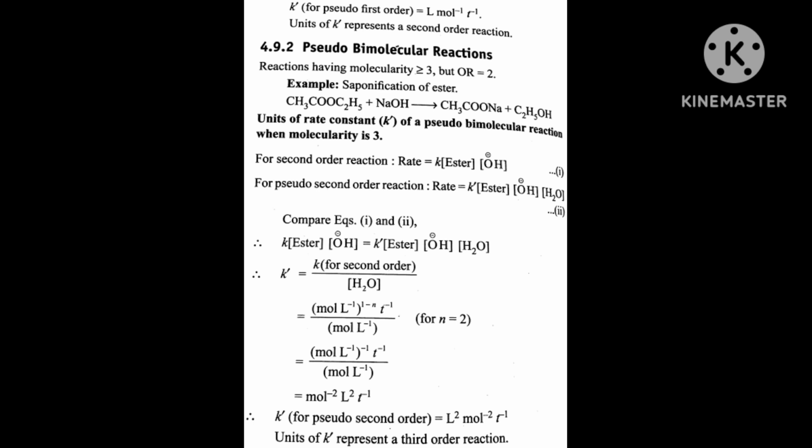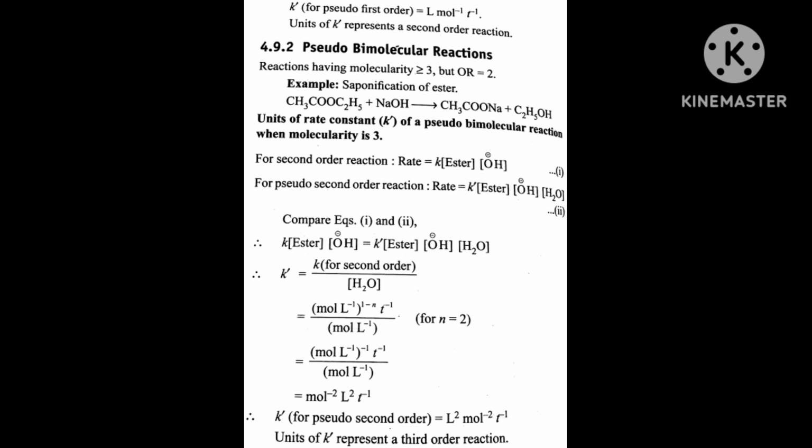It means if you want to know the value of K dash, you should know the value of K and also the value of H2O. The H2O concentration is given as 55 mole per liter. Then you have to find out the K value.